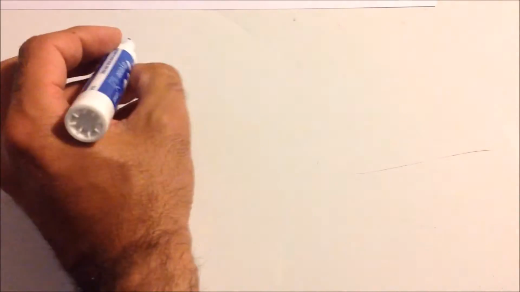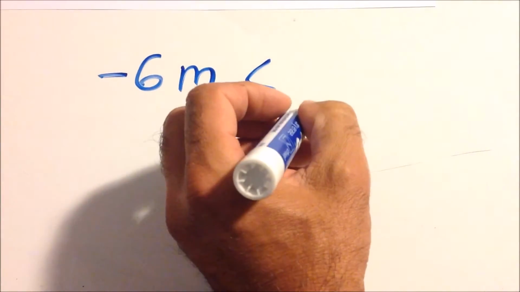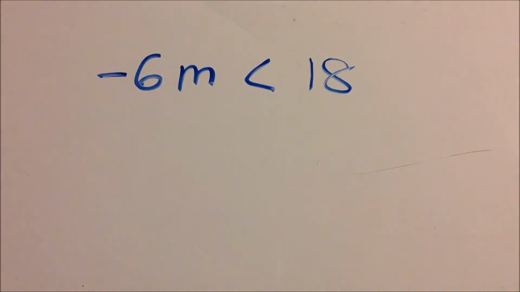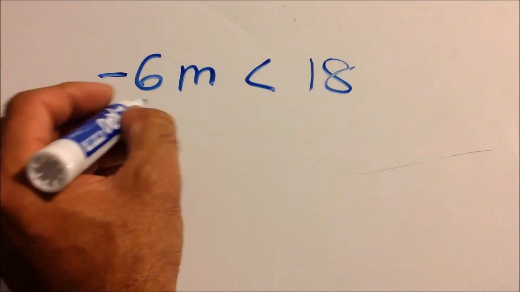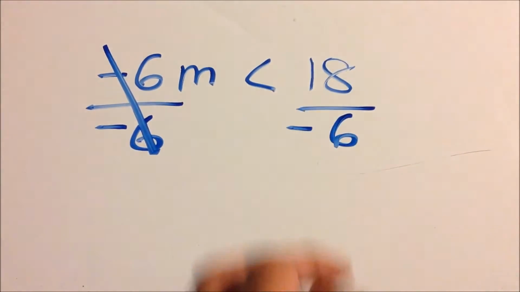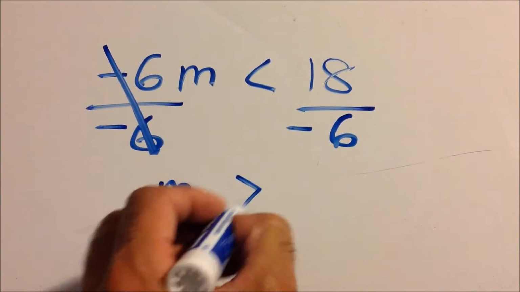Let's do another example of that. If I had negative 6m is less than, let's say, 18, how would you do that? Okay, so again, we're going to divide the negative 6 on both sides. And since we're dividing a negative on both sides, we've reversed the symbol. Right?